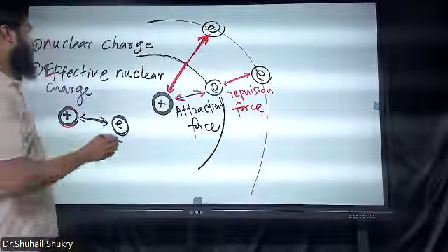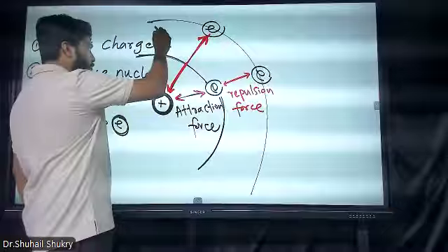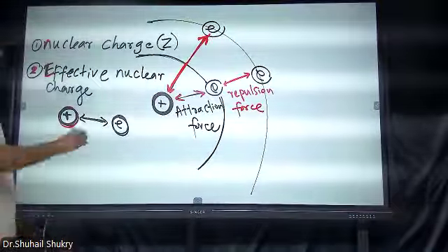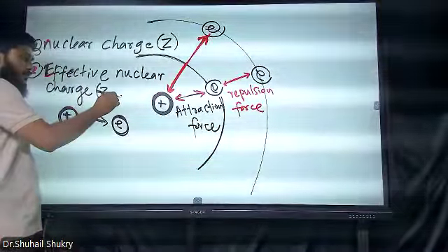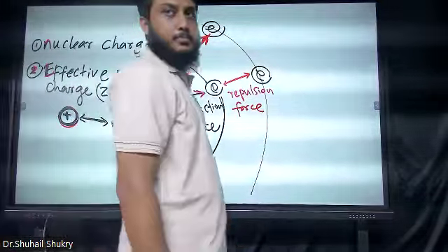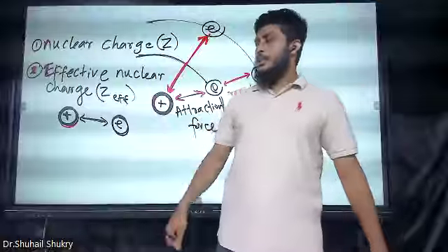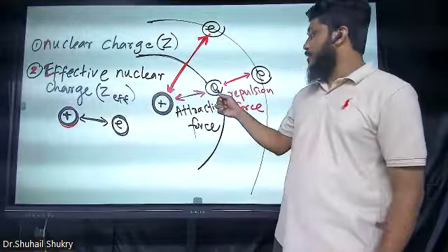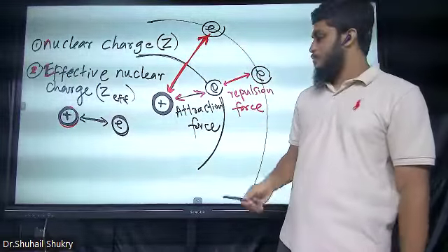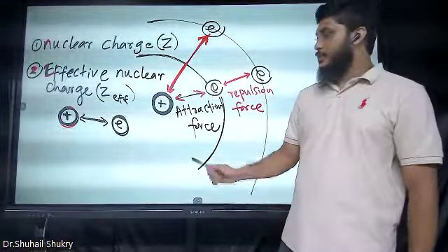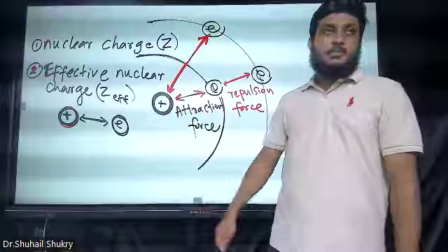For nuclear charge, I put Z. For effective nuclear charge, I put Z eff. Whatever this electron is feeling is the nuclear charge. The first electron, closer to the nucleus, will feel the actual nuclear charge.